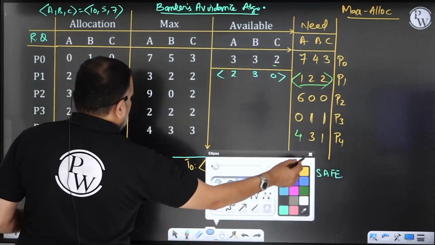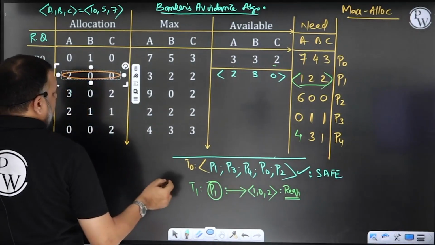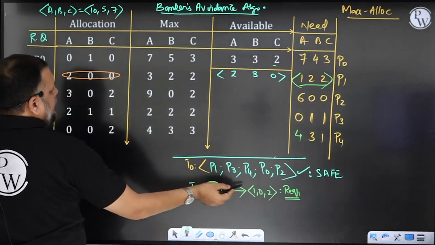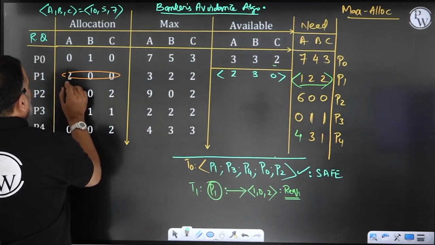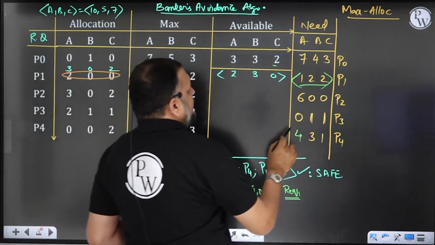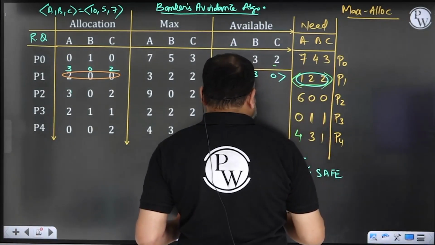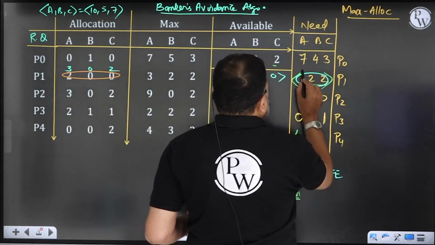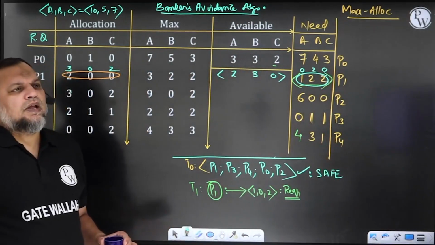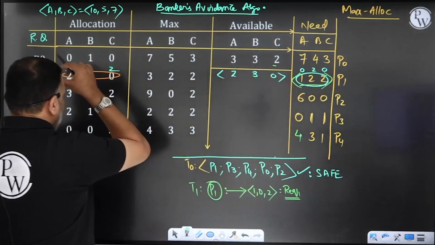Allocation of process will change from 200 to 200 plus 102, 302. So this will become 302. The need of P1 will change from 122 minus 102, 020. Steps A, B, C have been applied, very good.